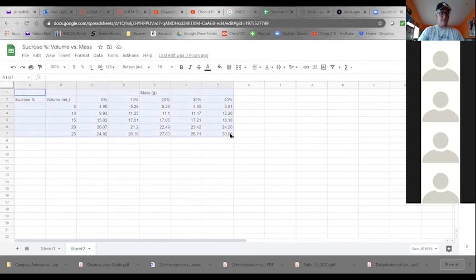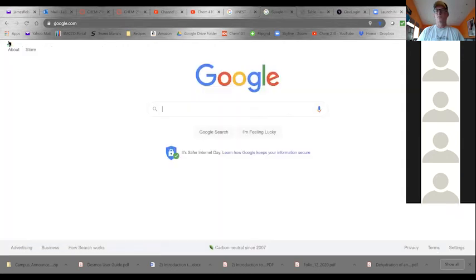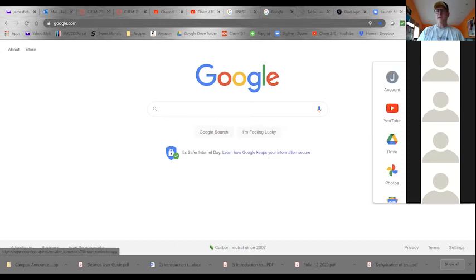So I'm going to copy that, and then I'm going to go back to Google. Once we're there, I don't even know if you need an account. I think you probably do, to save. If you have an account, it automatically saves all the work you're doing there. So that's the reason for having an account.